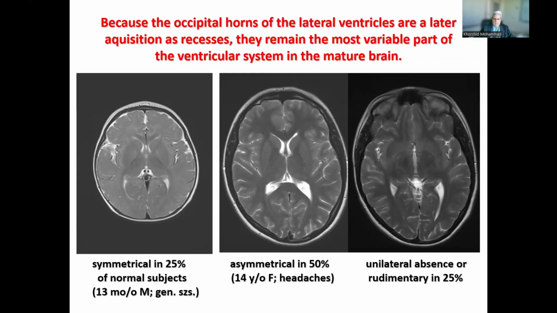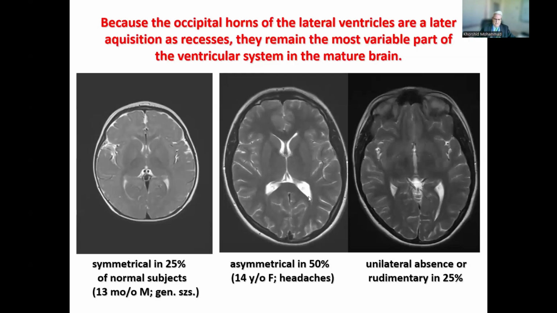And so only in about a quarter of normal subjects, as you see in the left view, are the occipital horns completely symmetrical, as you see in these axial T2 images from MRI. In about half of normal subjects, the occipital horns are asymmetrical.